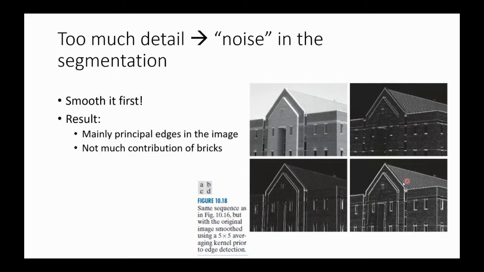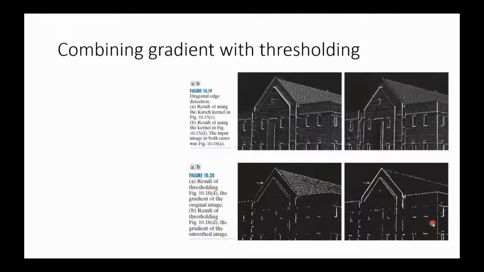So what we see as a result is mainly principal edges in the image. Not much contribution from bricks. There's still some contribution from bricks here. So now we can combine the gradients with thresholding.